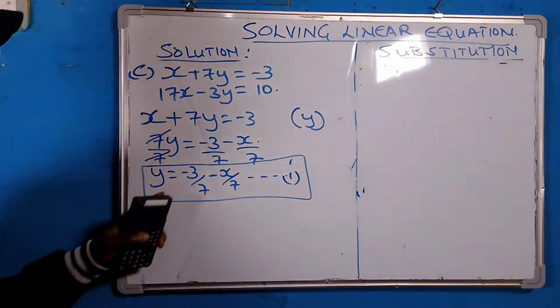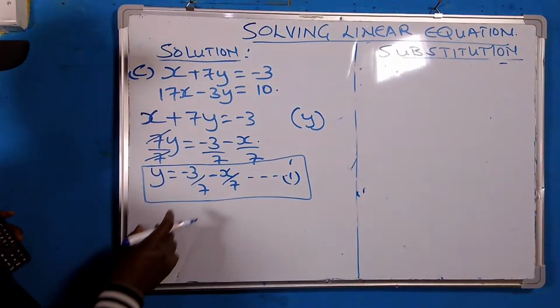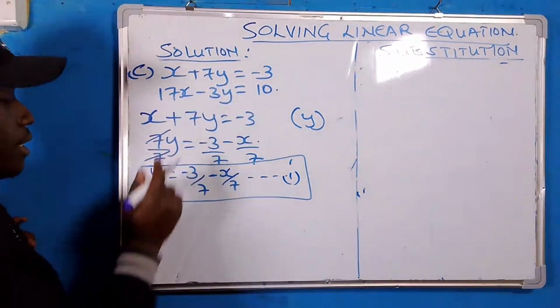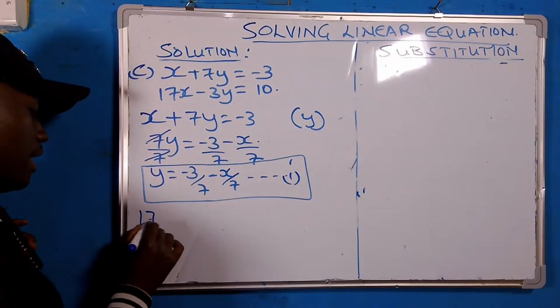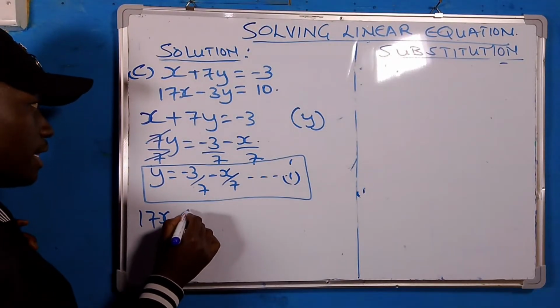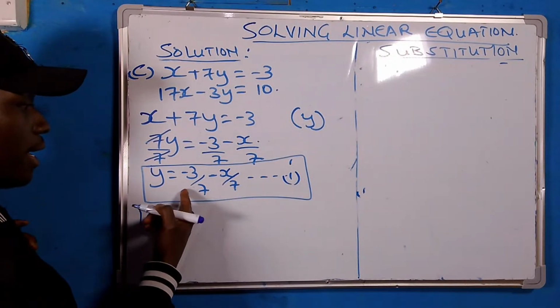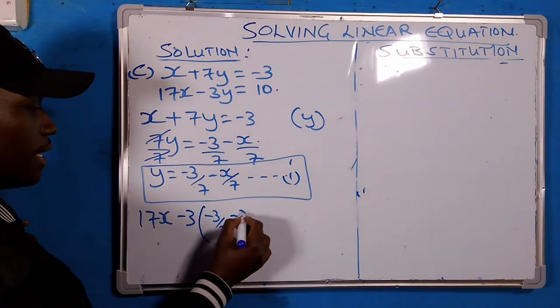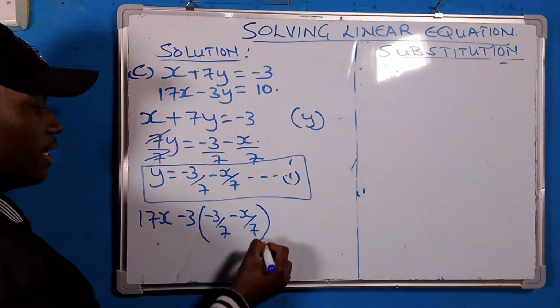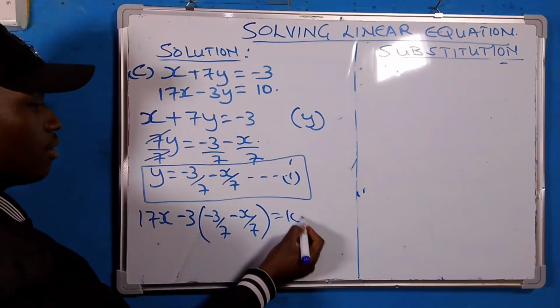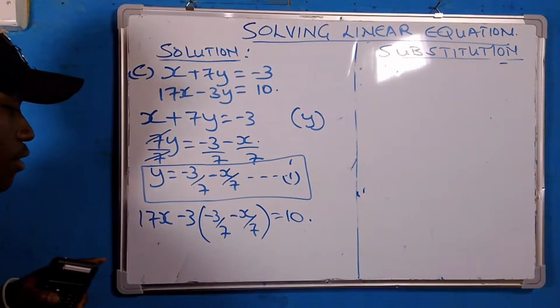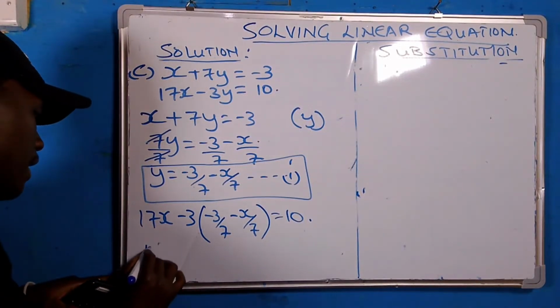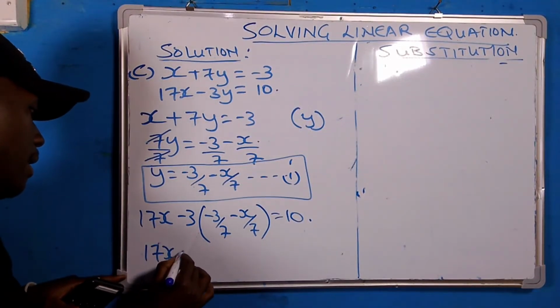So once we have this as our equation 1, we will now replace this in our second equation, where we have 17x minus 3y. Our y will be minus 3 over 7 minus x over 7, close the bracket, is equal to 10. So we will now solve and get 17x.